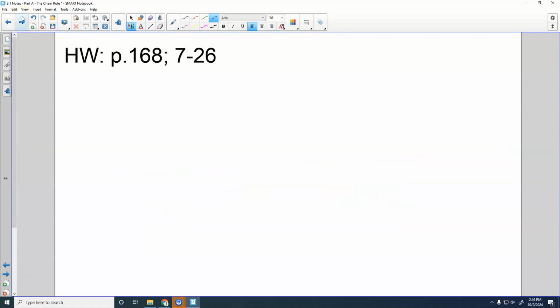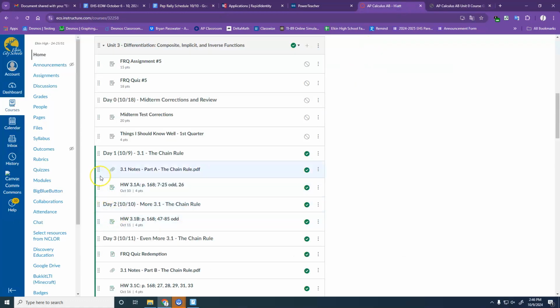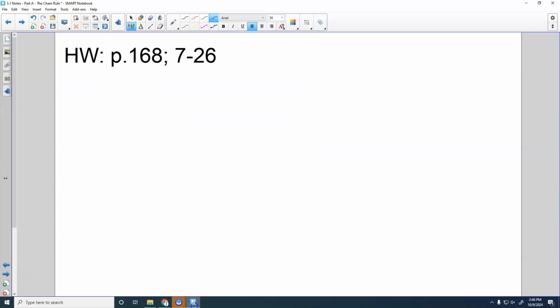The assignment, let me look at what I've got on Canvas and see if that's the same, and look at the questions. I can't remember. Okay, we'll go with what I got on Canvas. Canvas says for you to do 7 through 25 odd and number 26.